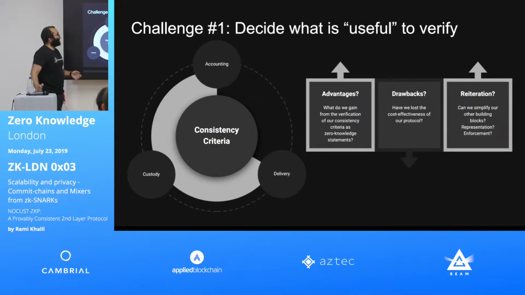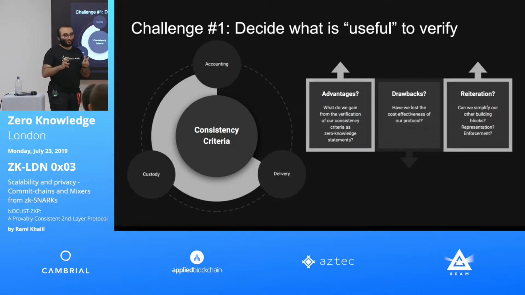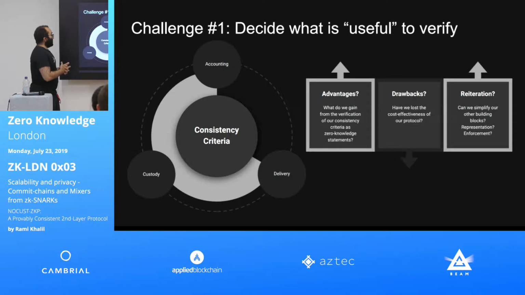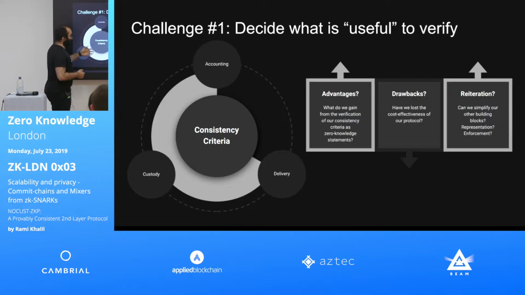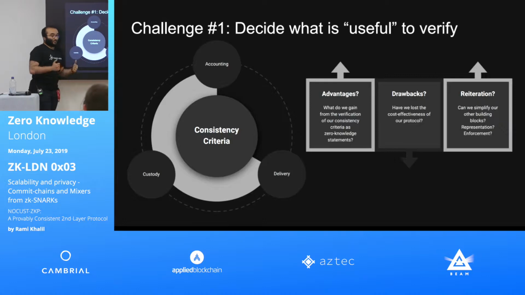So the first challenge is to really look at this and then decide what is actually worth verifying in zero knowledge, and what that would even give us in terms of guarantees or in terms of reaching the security goals that we defined. We can really look in the middle at the consistency criteria. If we can ensure valid accounting, if we can ensure transfer delivery, and if we can ensure custody, then great.